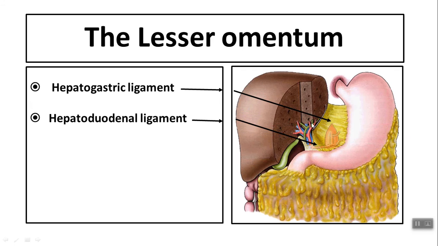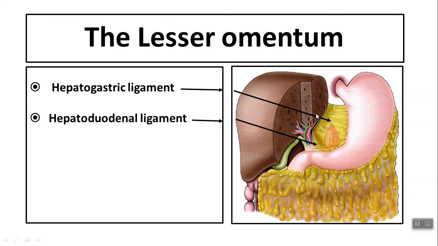The lesser omentum. The lesser omentum also is a double layer of peritoneum that extends in between the liver and the lesser curvature of the stomach. It is the same layer, but can be divided into two parts.